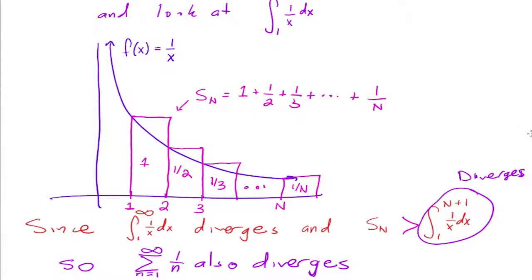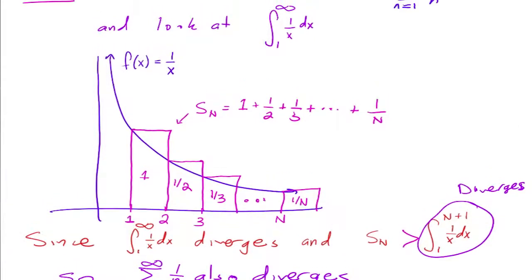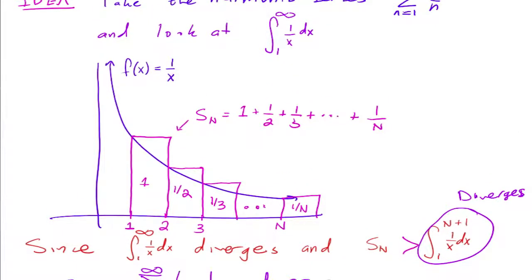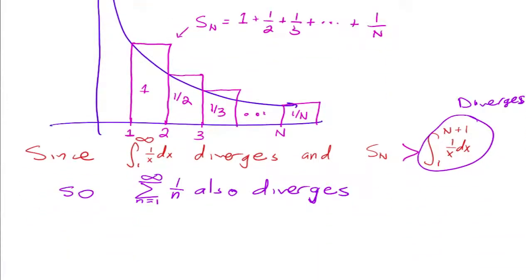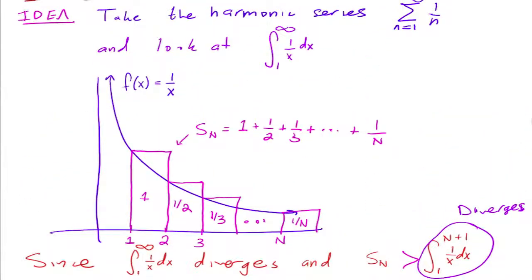Okay, so now what about an example that converges? So this is an example of how we use the comparison of the area underneath the curve, the integral, and the series, writing it as a Riemann sum.